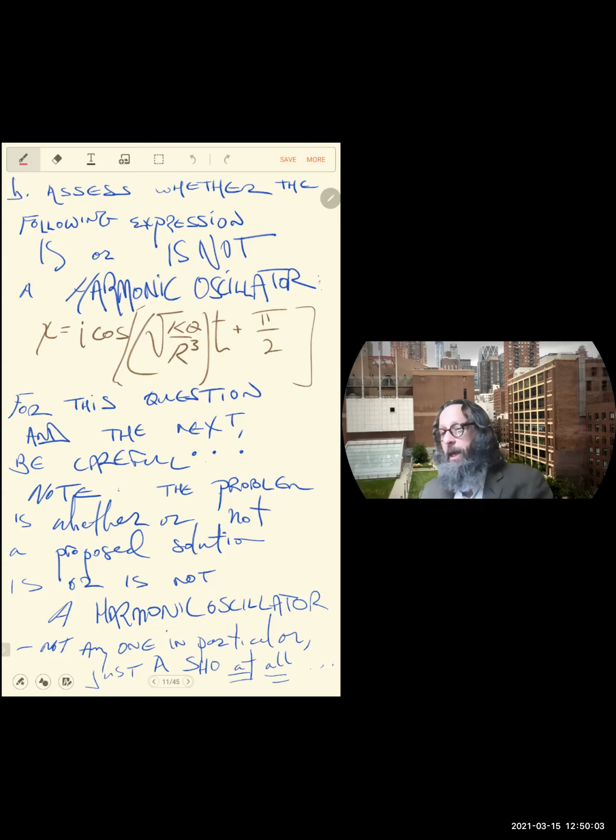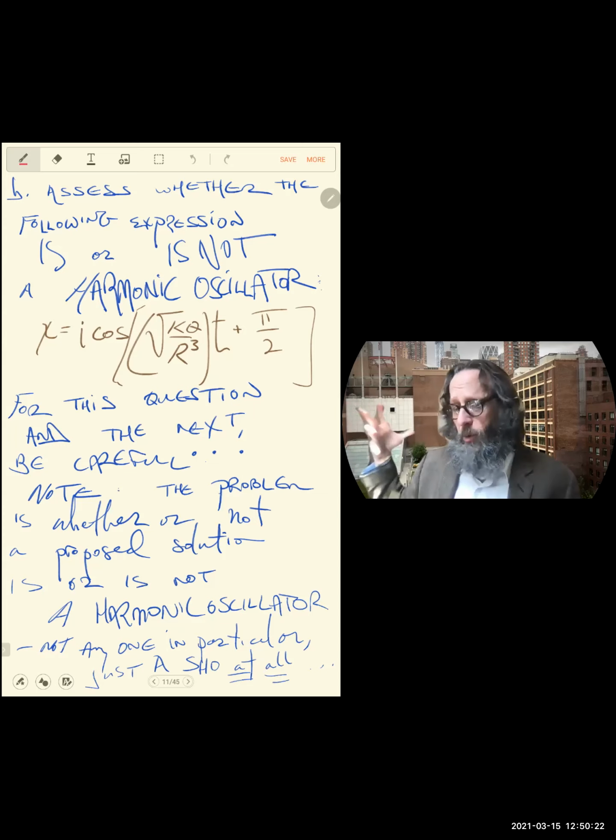Now in B, we're saying, here's an expression. You tell us whether that expression is or is not a harmonic oscillator. What that really means is you're going to tell us whether or not it meets the second order differential equation for harmonic oscillation in general. It's now up to you to get what that means.